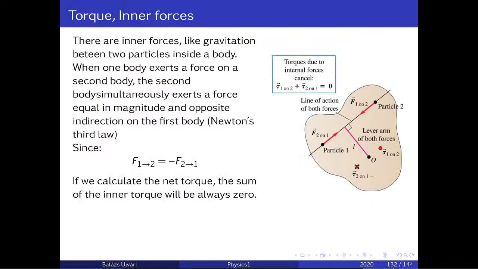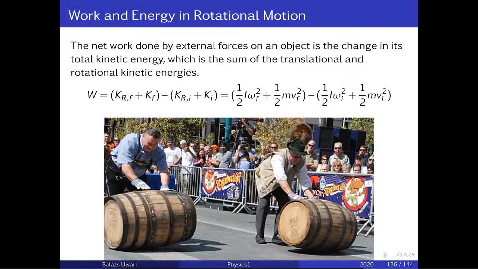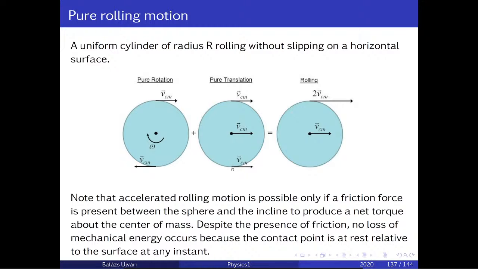That means the surface of the wheel, so the touching surface of the wheel and the road, does not move, and therefore the friction can't create any heat. This is ideal work, of course.